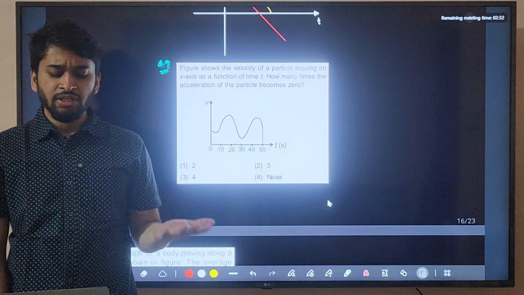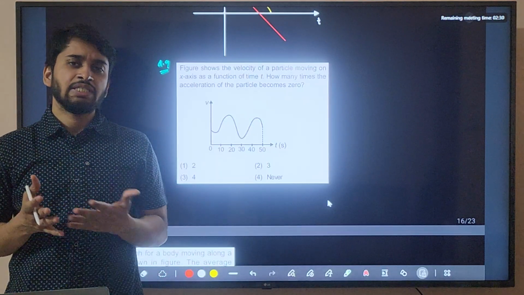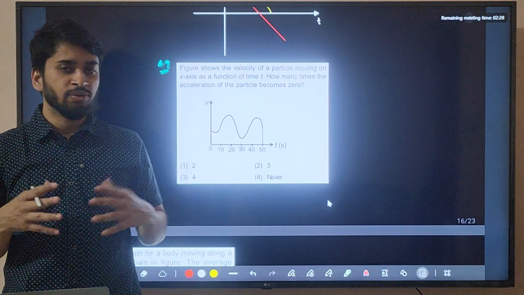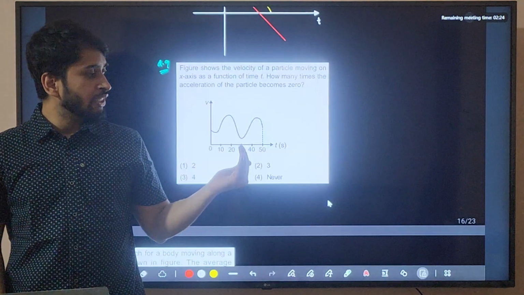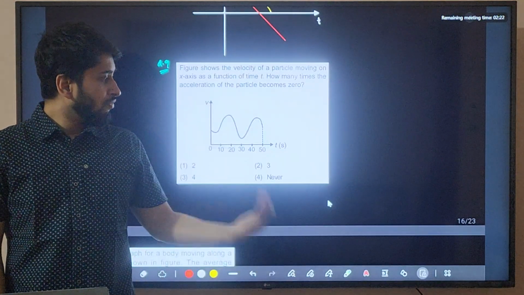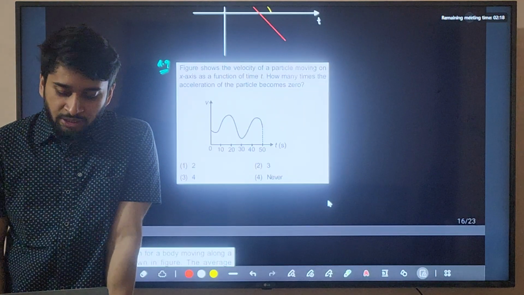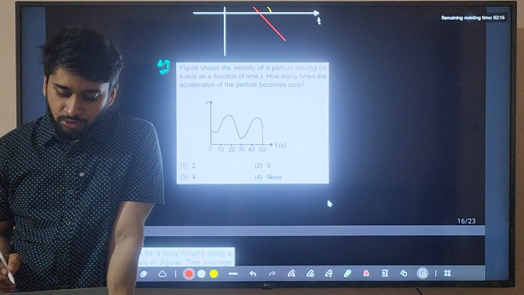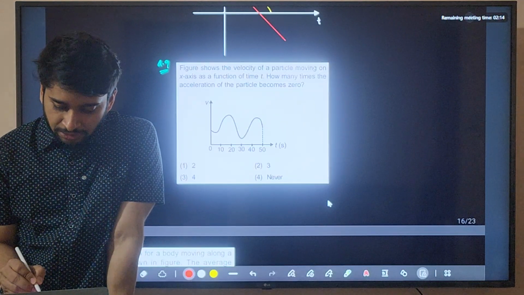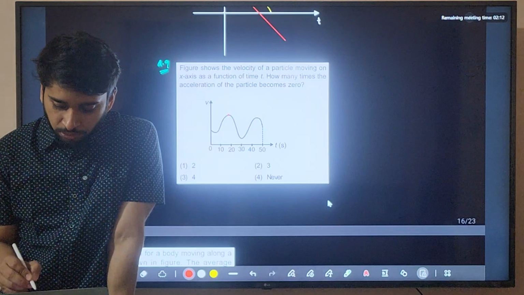Again, we have solved a similar kind of question. The only difference is that earlier we had a position time graph, now we have a velocity time graph. In a position time graph, the slope gives velocity, whereas in a velocity time graph, the slope gives acceleration. So at whichever points the slope becomes 0, at those points the acceleration will become 0, right?